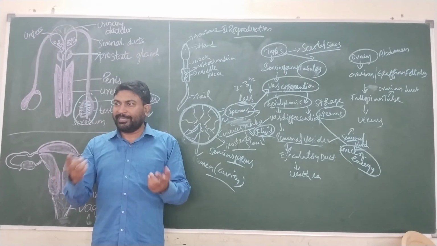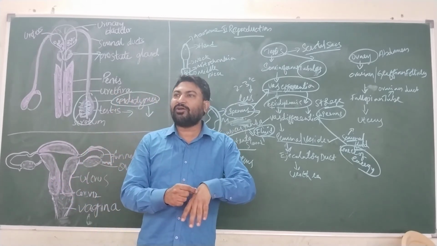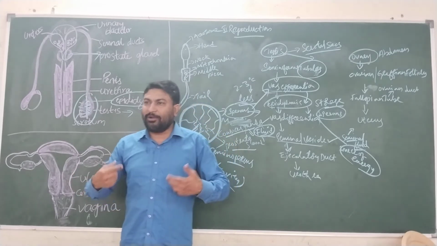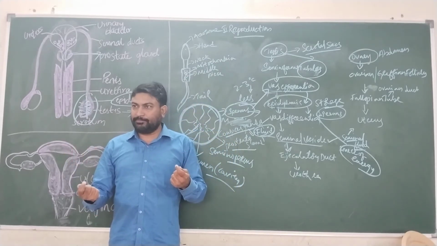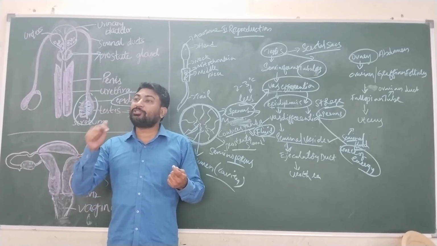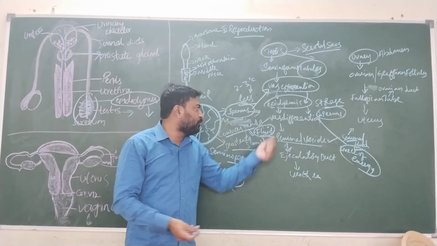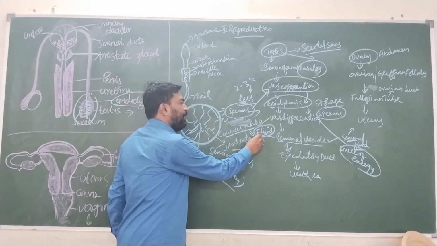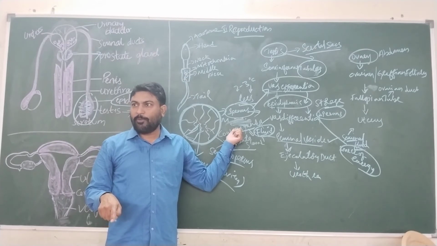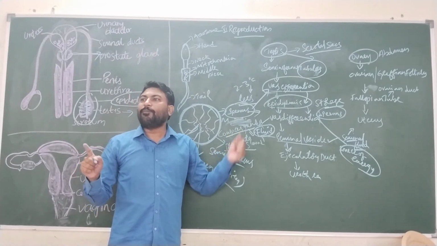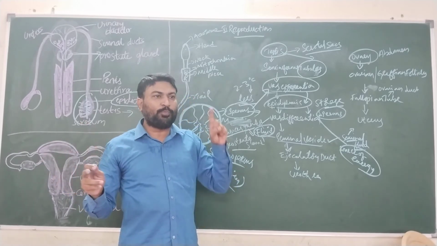Just like cells on different parts of our body, sperms require energy. Nutrients, that means food, have to be supplied for the sperms to grow or stay alive. Those nutrients are provided by the fluid released by Cowper's gland.